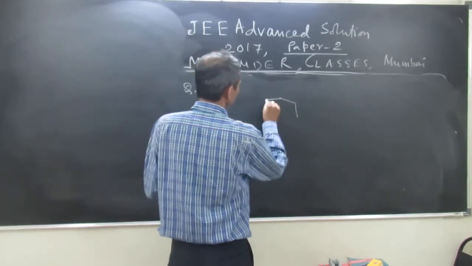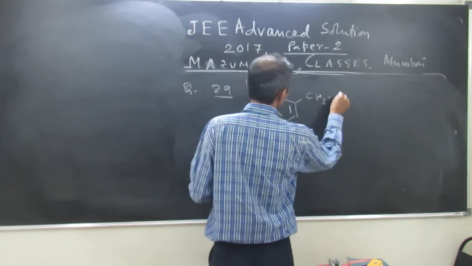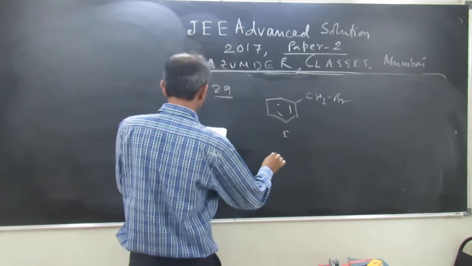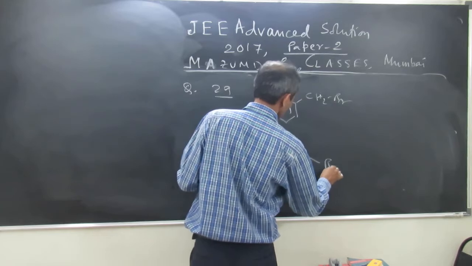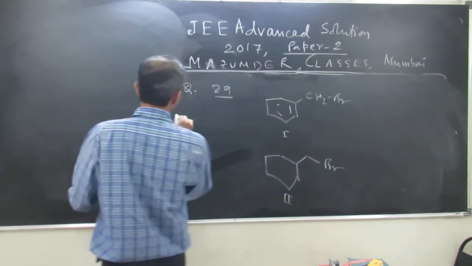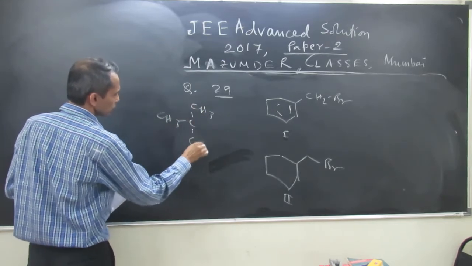Suppose the question compounds are given very simple. That is benzyl bromide, CH2Br, this is 1. Second compound is cyclohexyl methyl bromide, which is 2. And number 3 over here, I'll write CH3, CH2C, CH3, CH3Br.